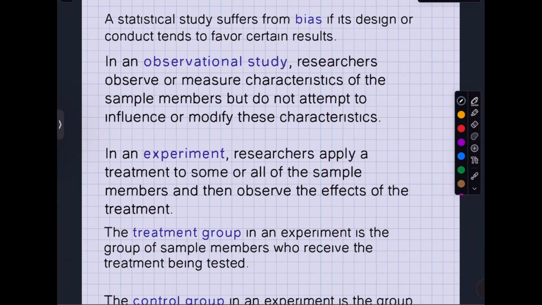And these are hard. These are really hard. But do not attempt to influence or modify these characteristics. It's really hard. Especially if you're convinced that one outcome was going to come and it's not doing it, and you kind of want your money to be worth it. These things always happen.